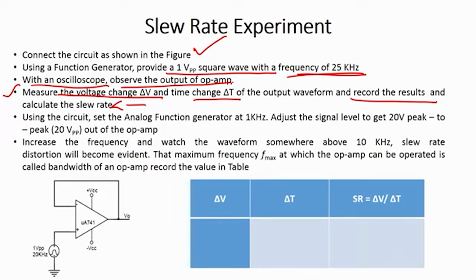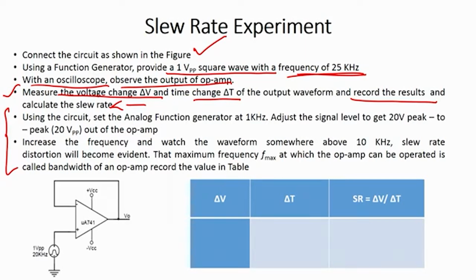Using the circuit, set the analog function generator to 1 kilohertz. Now, adjust the signal level to 20 volts peak to peak, increase the frequency and watch; somewhere about 10 kilohertz, slew rate distortion will become evident. This is not written in the table, but it is just to understand the maximum frequency that our operational amplifier can operate at.